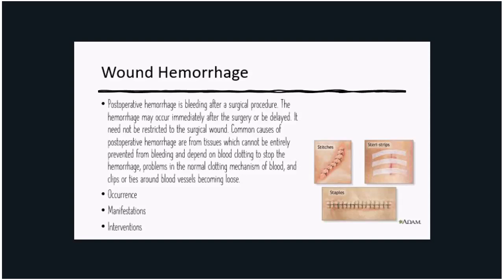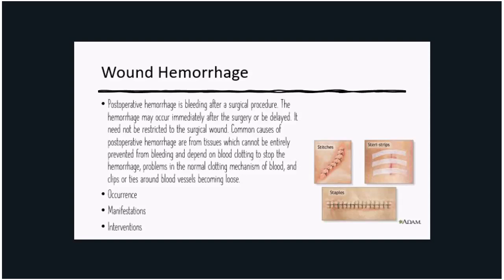Now, if you notice that there's a lot of blood or a lot of discharge on the dressing, you want to carefully monitor that, and you want to possibly notify the physician, especially if the discharge continues to spread. The occurrence of wound hemorrhage may be immediately up to discharge of the patient from your facility.